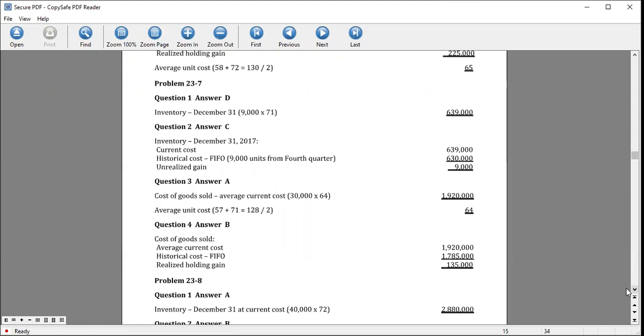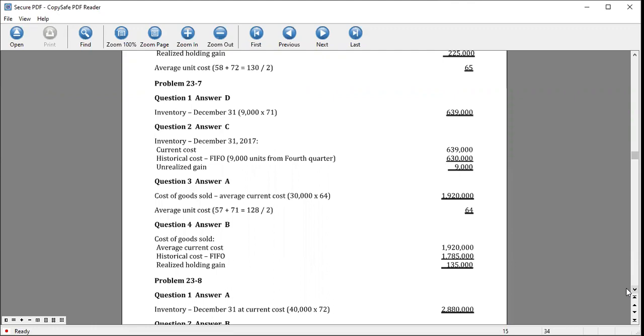That's your historical cost, 5-4. So we have 2,415,000 minus 630,000 equals 1,785,000. That's the realized holding gain.